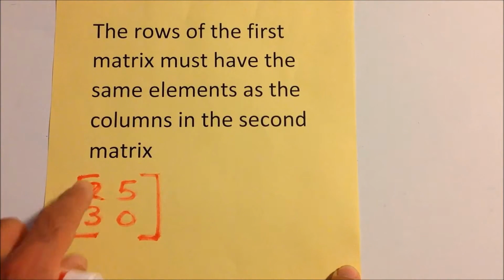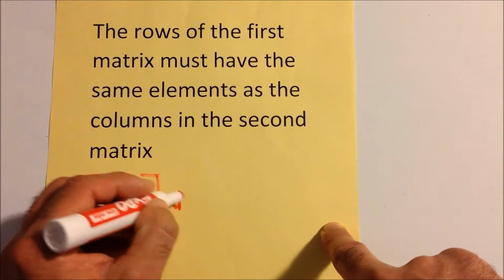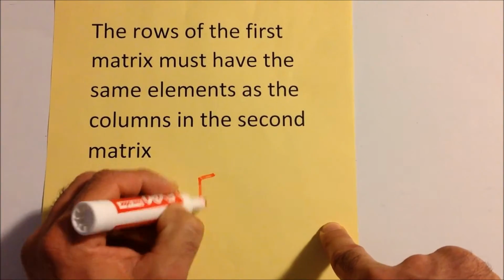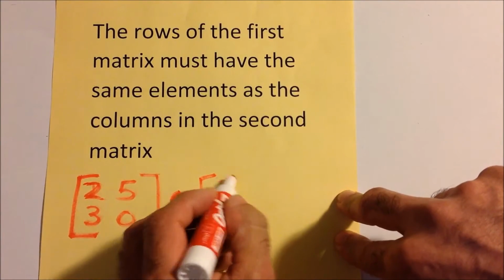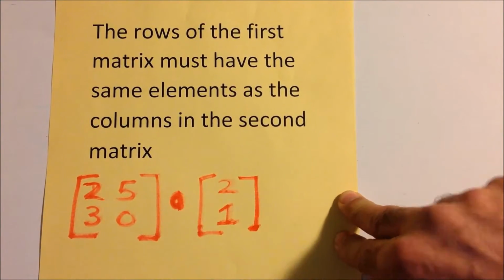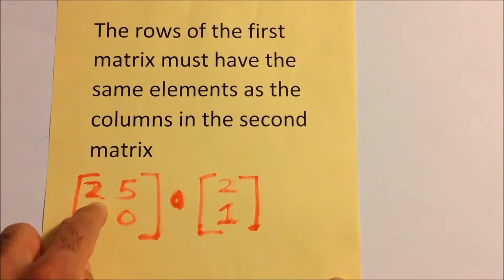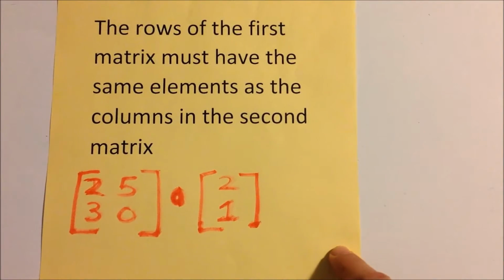So when we make a column, if we're going to multiply, we need to have the same number of elements in a column. Right now, we can multiply like this because there are two elements in the row and two elements in the column.